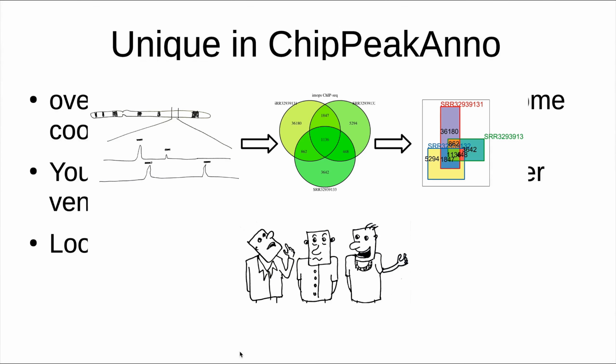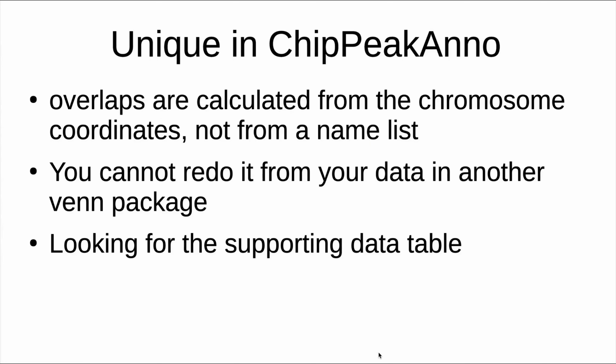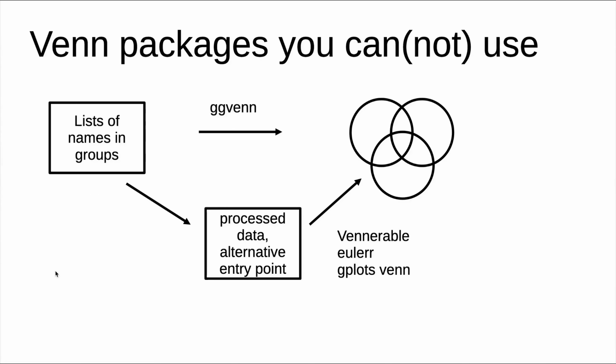But what if I want to use another Venn package, which I like more? Then I have to resolve an issue: how I can use the data calculated within ChIPpeakAnno and connect it to the external Venn. What you have to know is that Venn packages in this respect are of two kinds.